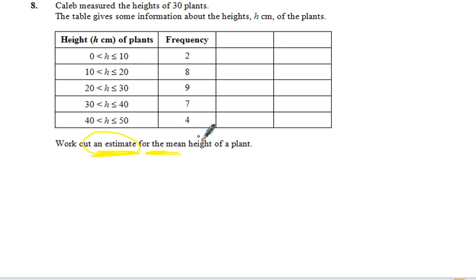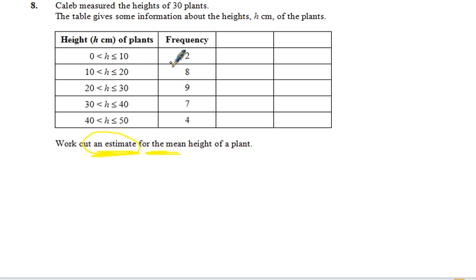And look again carefully. Please don't rush and don't try to memorize the method. Just try to understand what this table of values can tell you about the height of the plants, right? So look at the first line. The first line tells you that there were 2 plants with height between 0 and 10.